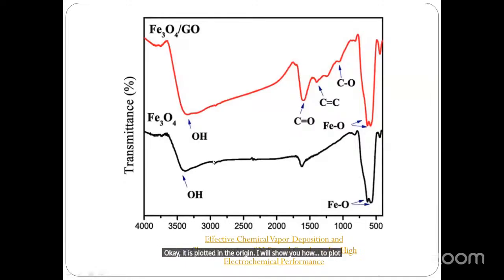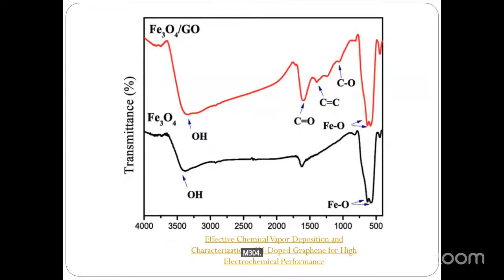This black color spectrum is for Fe3O4, iron oxide, ferroferric oxide. It has an iron-oxygen bond that can be detected in the IR spectrum. And the second compound is graphene oxide doped Fe3O4.